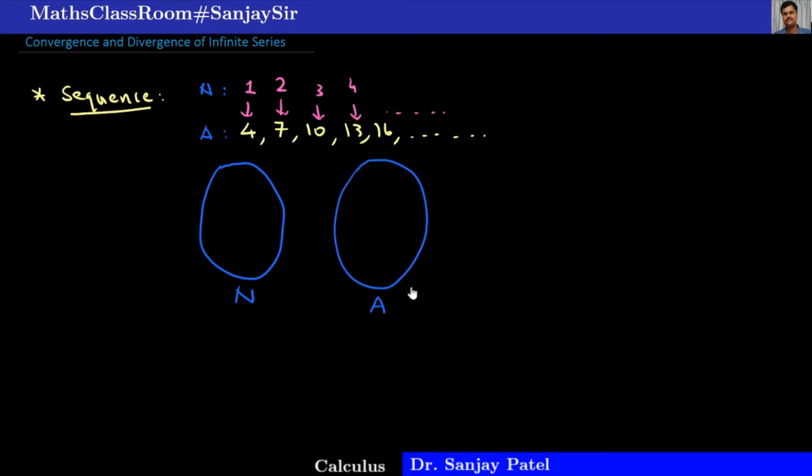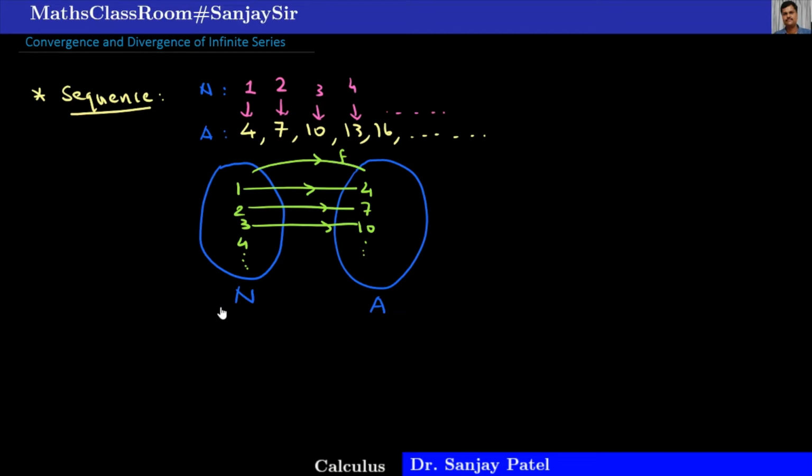In our example this 1 is related to 4, 2 is related to 7, 3 goes to 10 and so on. So there is a function from N to A, and this function f is called a sequence.